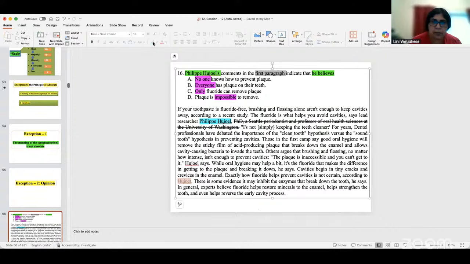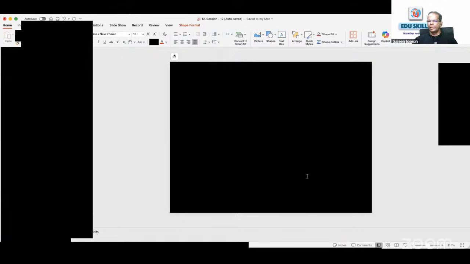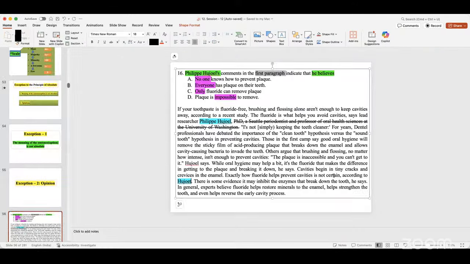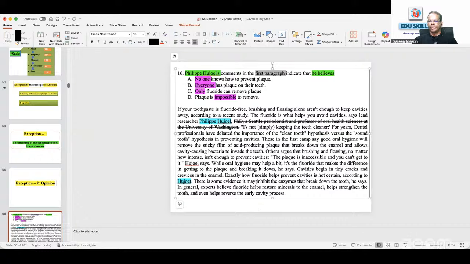Okay. There is some evidence exactly how fluoride helps. The 10th line. There is some evidence. It may, he says. Then, in general, experts believe fluoride helps restore mineral, helps strengthen the tooth.